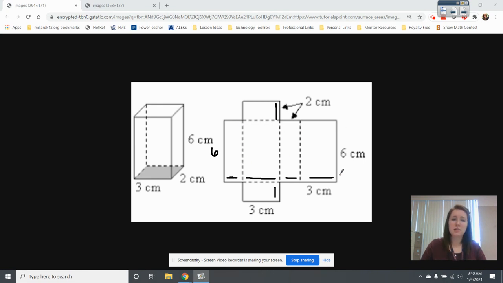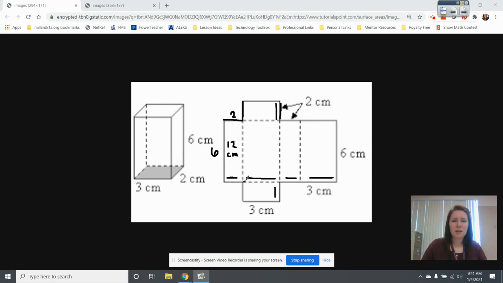This is where it gets tricky, the width right here. In this case it's 2, because we can see this side is 2, and if I fold it back up together, these two sides fold next to each other. So if this is 2, then this one also has to be 2. 6 times 2 is 12 centimeters. Done with the first part.